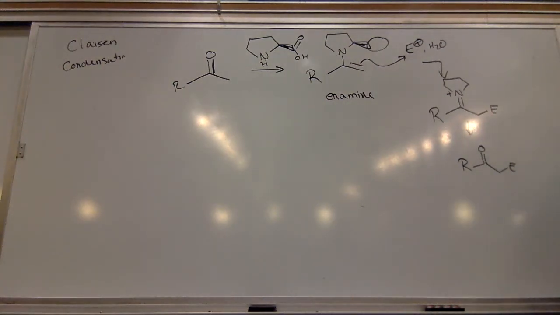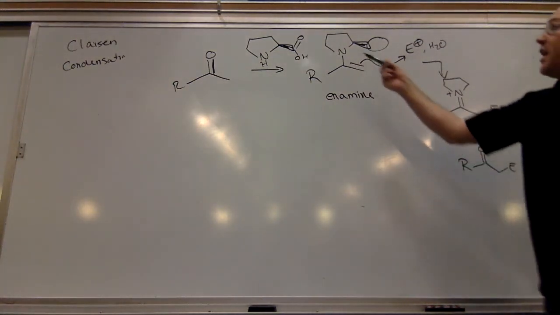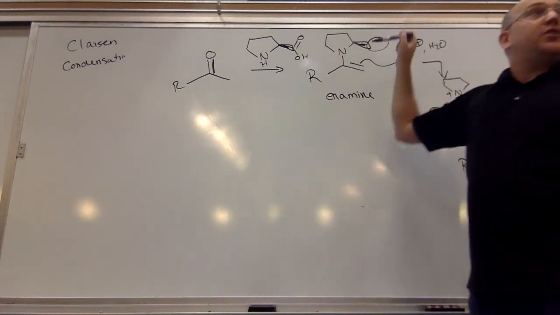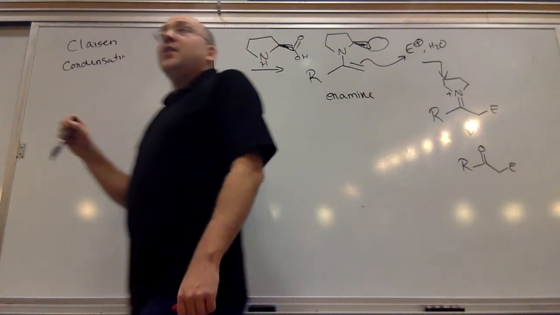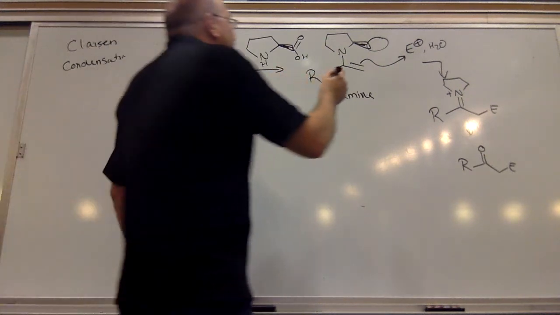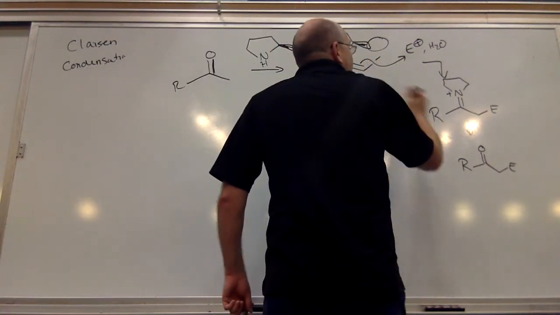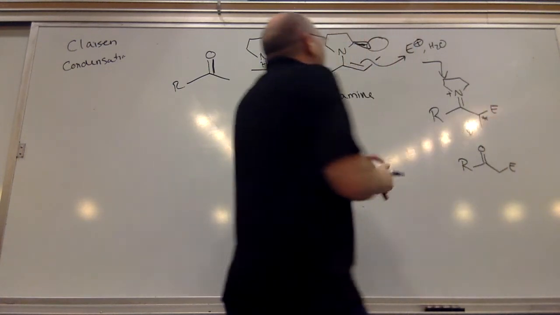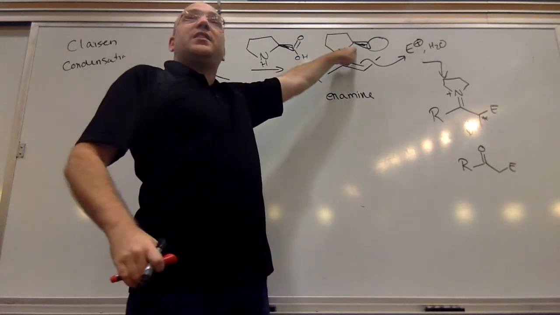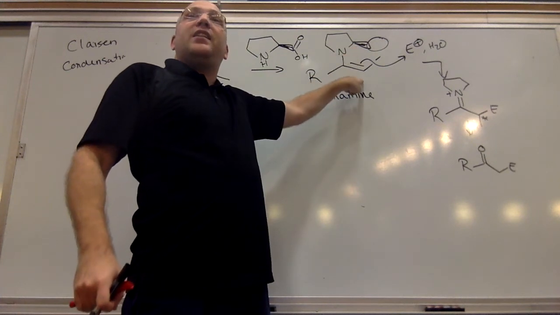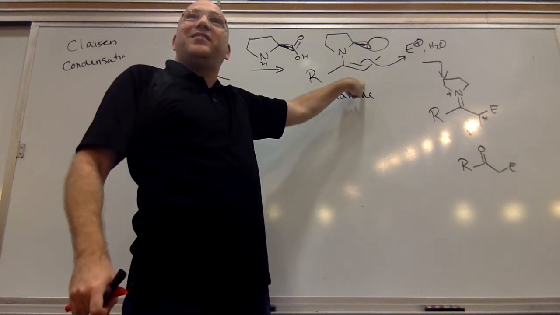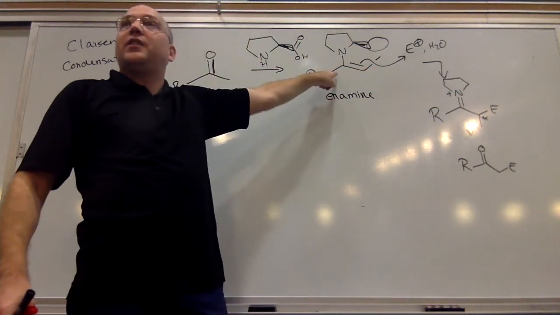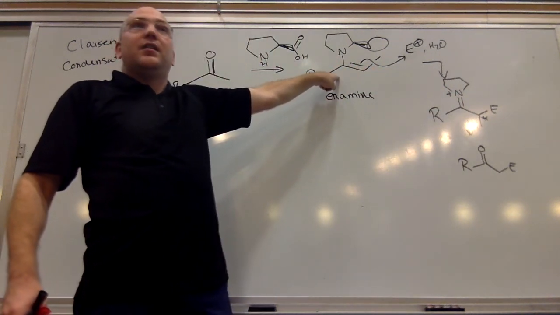But the point is that you have stereochemistry, and that stereochemistry can then influence this reaction over here. I haven't really shown this with stereochemistry, but if we had, you can basically use this to relay the stereochemistry here.